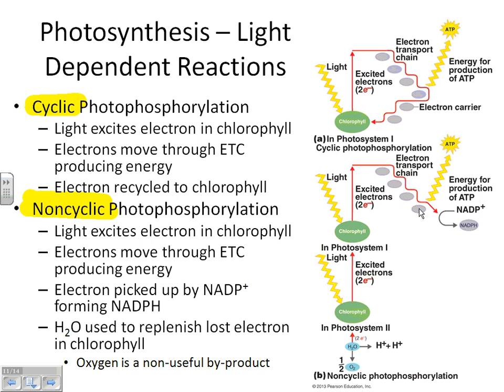This is non-cyclic. So does the electron go back to the chlorophyll? No. Electron goes where? NADP. When the electron combines with NADP, we make what? NADPH. This is exactly the way our NAD and NADH works, right? How do we remember that?